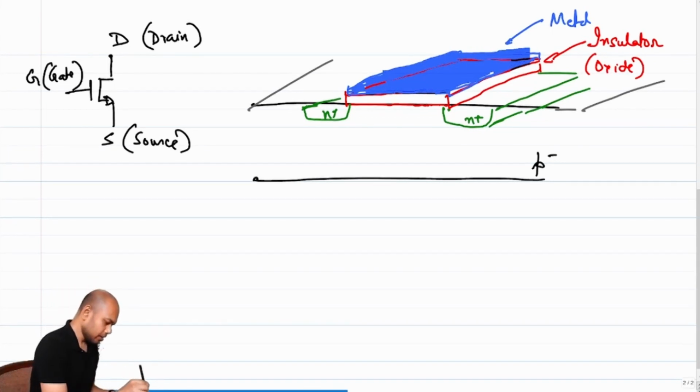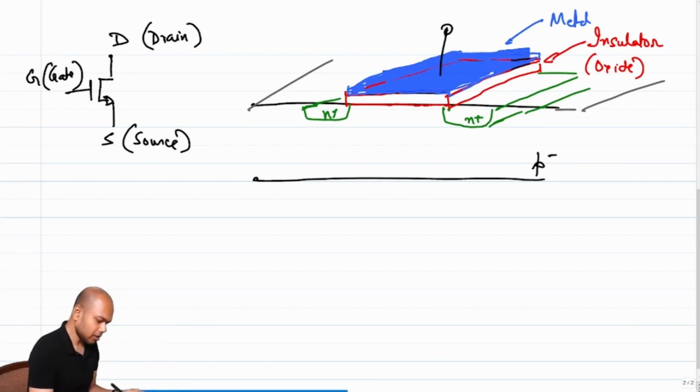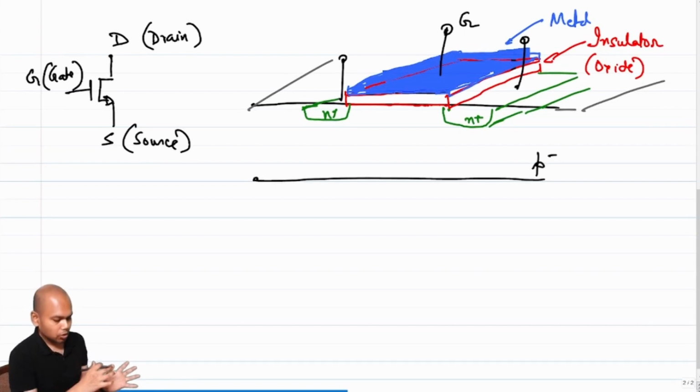And we take out terminals from the metal, and we call it gate. We take out terminal 1 from one of these n-type junctions and one from the other n-type junction, and we call one of them drain and another of them source, right?